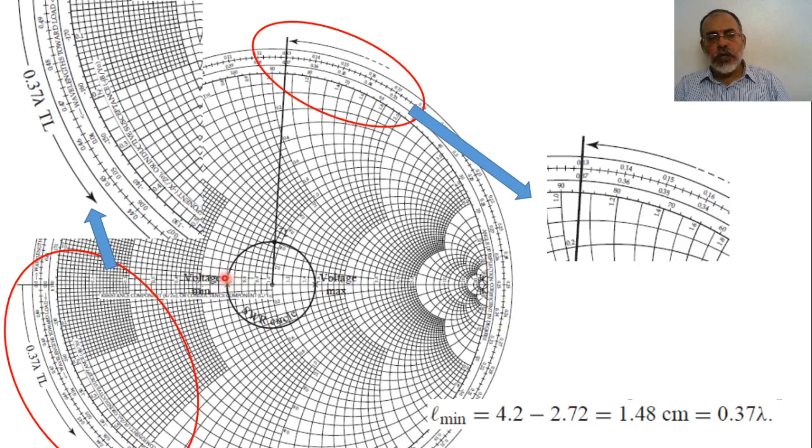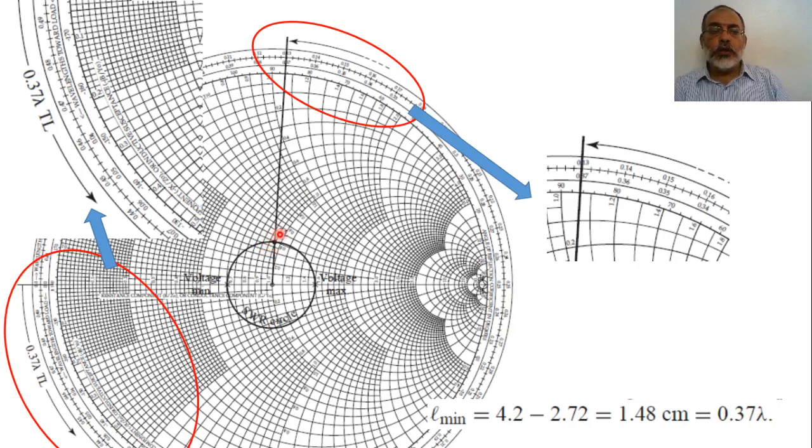And I'm moving from the location of the minimum a distance L minimum towards Z load. And to move a distance L minimum towards Z load, I'm moving counterclockwise on the outer scale, on the second outer scale, moving like this until I reach the point 0.37. Okay? And from this 0.37, I extend the line. The intersection would be Z load.